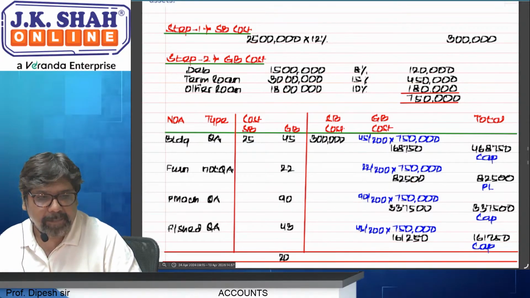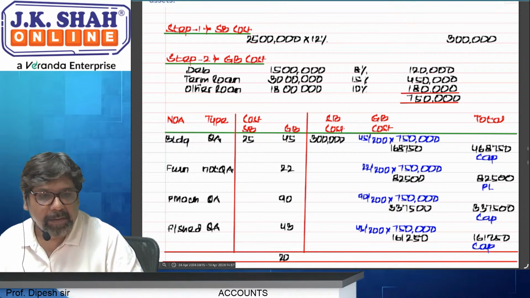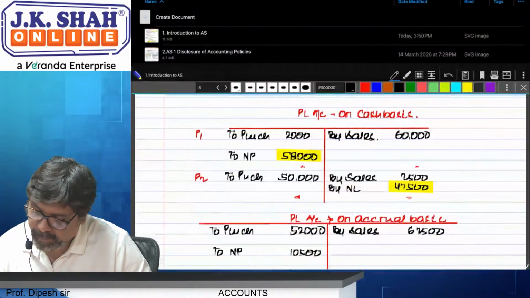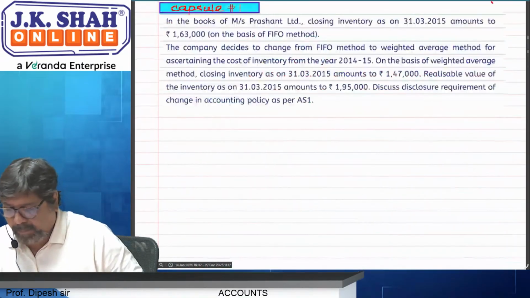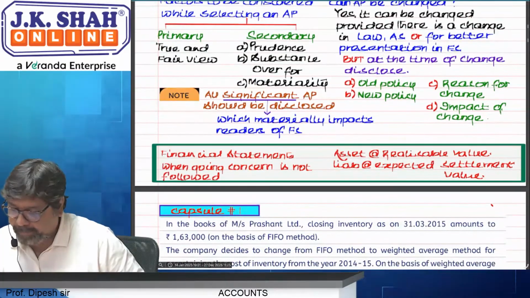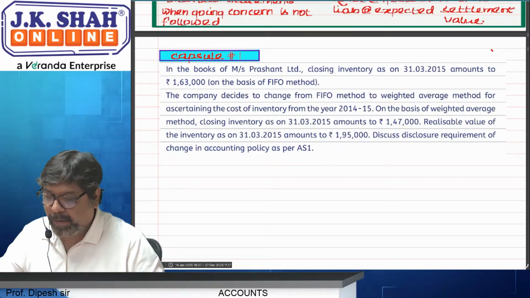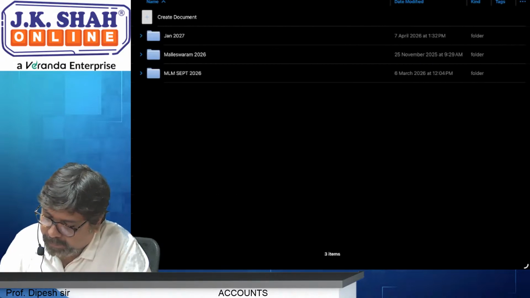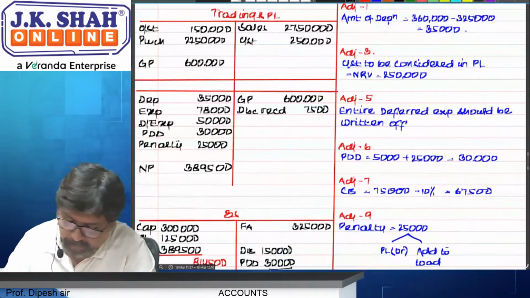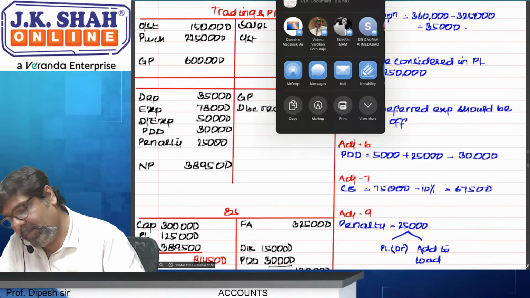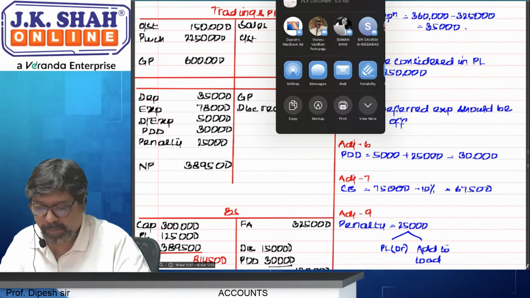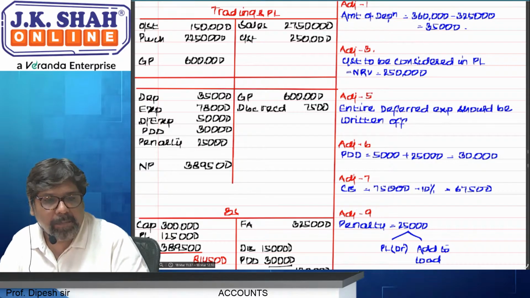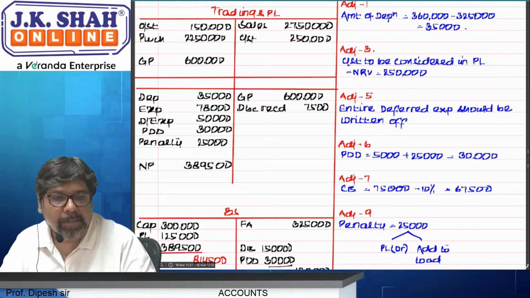Now chartered. ये पूरा इतना था, हमने सारा बात पढ़ लिया. Now 1 minute.